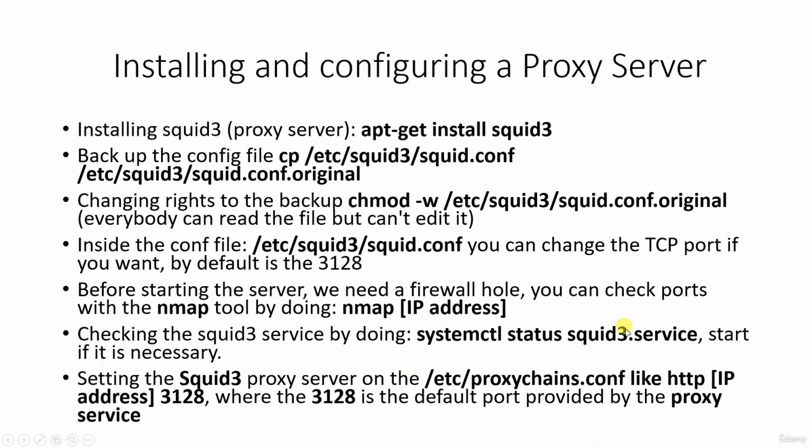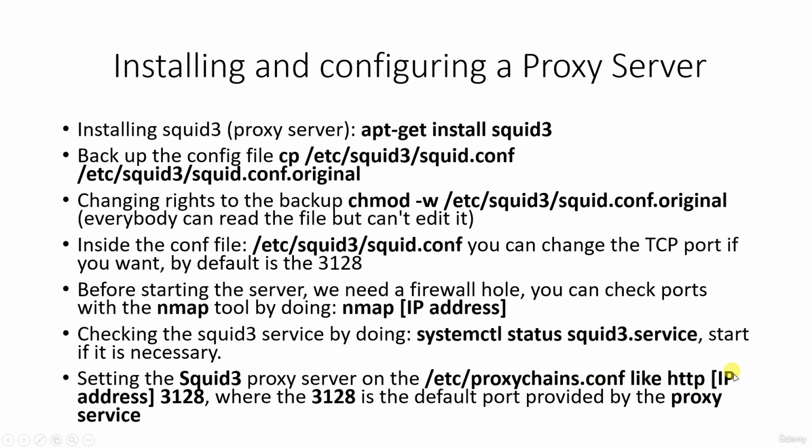Checking the Squid3 service by doing this command will start the service, and if necessary it will do all of this. Then set up the Squid3 proxy server at the location of this directory and this configuration file like this.